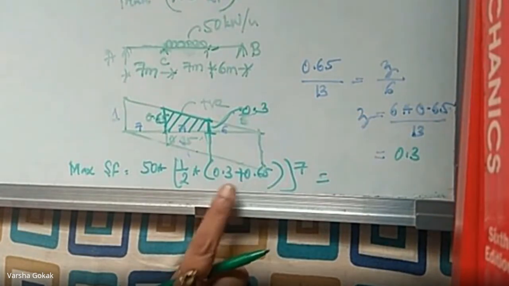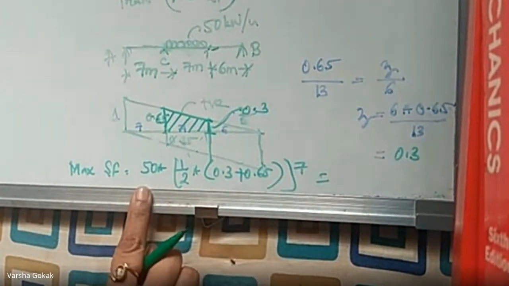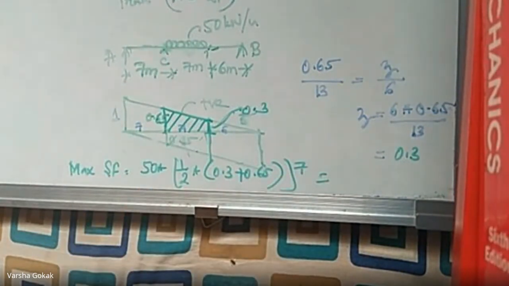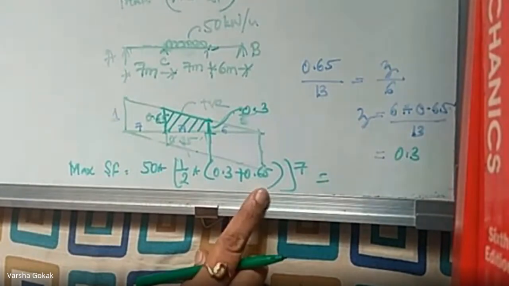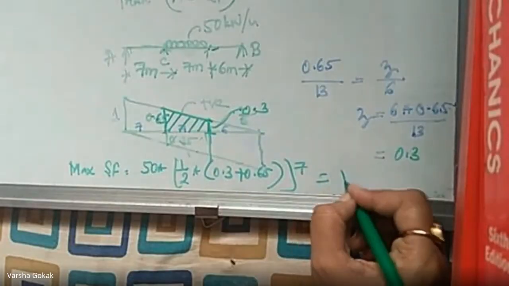You do 0.65 plus 0.3, that is 0.95 divided by 2 into 7 into 50. Yes, how much? 166.25. Correct.